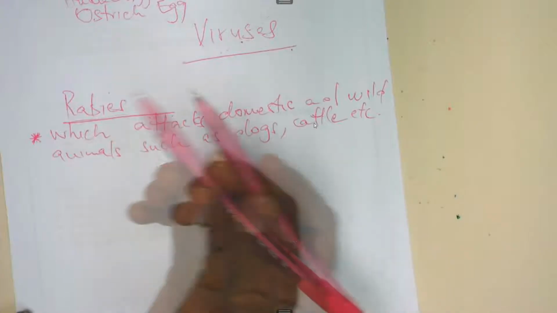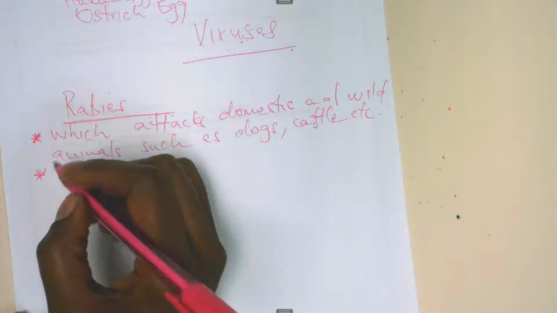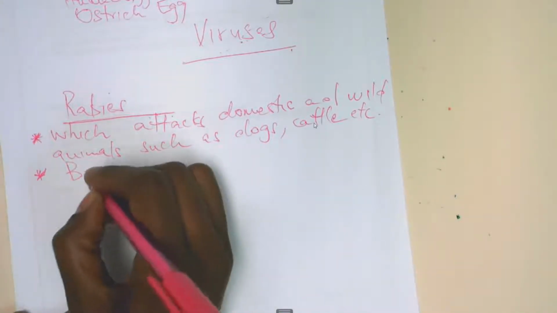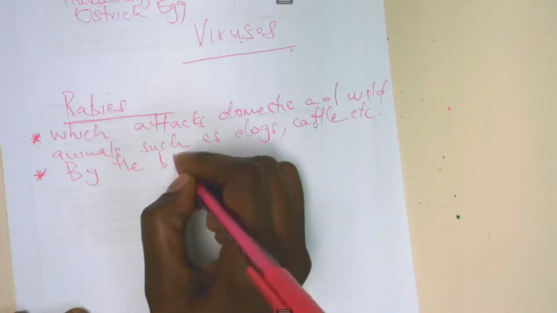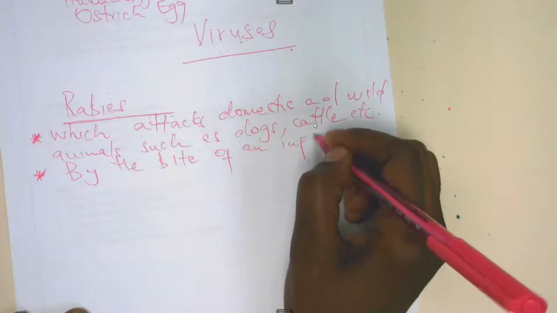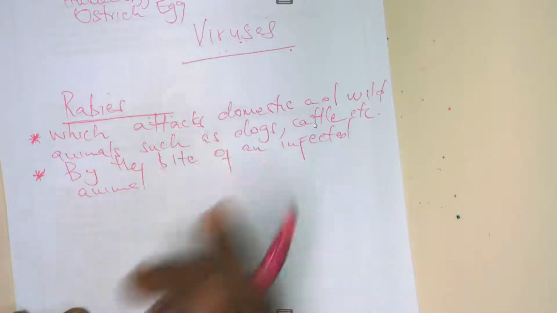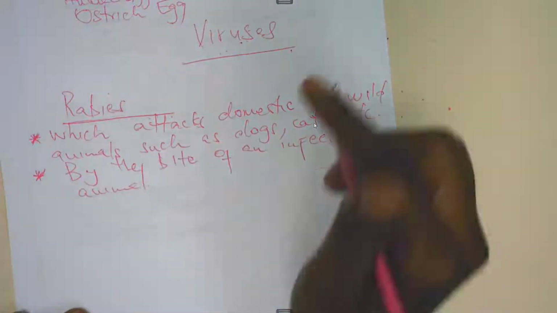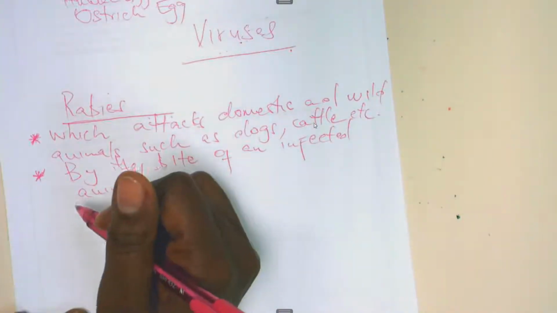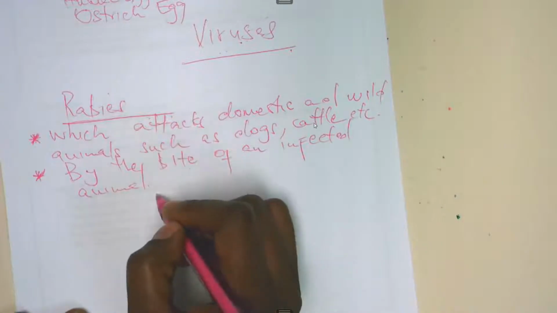And then this rabies can be transmitted to humans by the bite of an infected animal. So it attacks domestic and wild animals such as dogs, and it can also be transmitted by the bite of an infected animal.